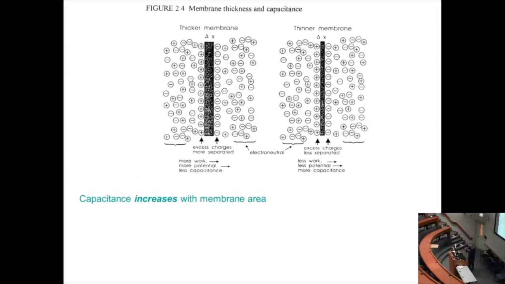Okay? The ions come in, they spread out along the membrane, and if it's a bigger membrane, you're going to need more charge to spread out along it. Okay? So more membrane area, higher capacitance. One thing to memorize.